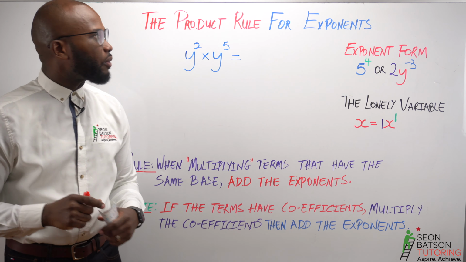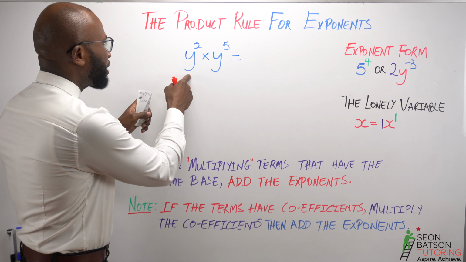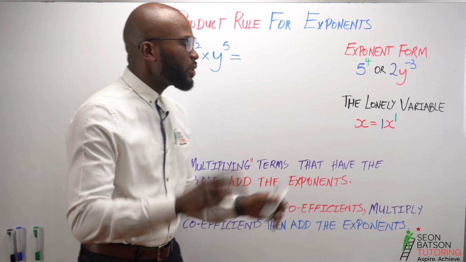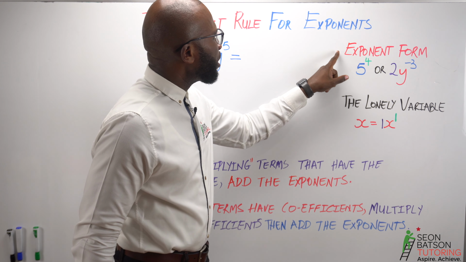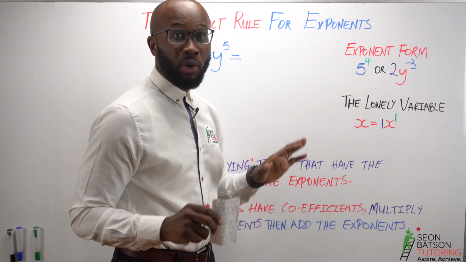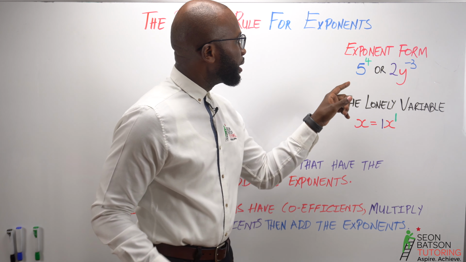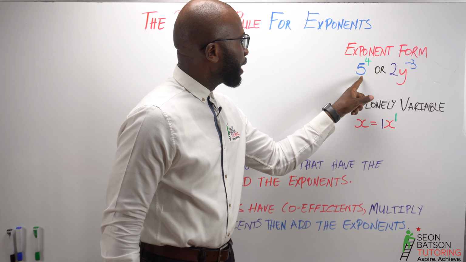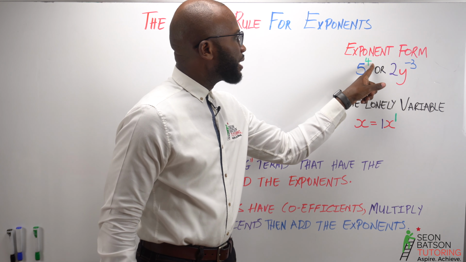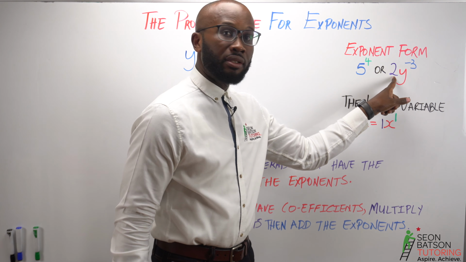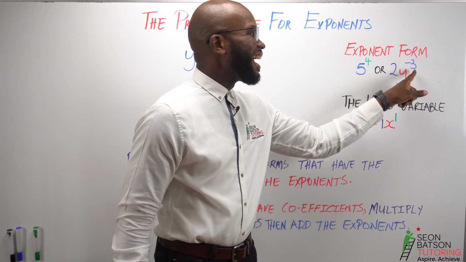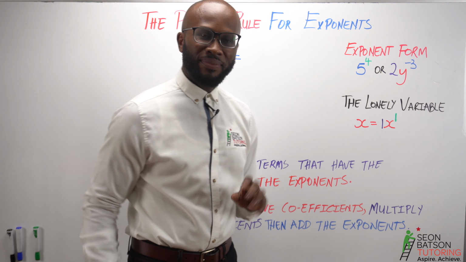Keep that in mind. Now, before we go to our first example, I want to review two quick things with you. One, let's talk about terms that are in exponent form. A term in exponent form can have a base and an exponent, or it can have a coefficient, a base, and an exponent. Yes? All right.